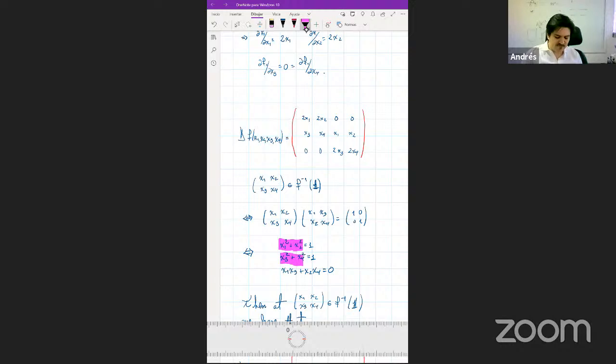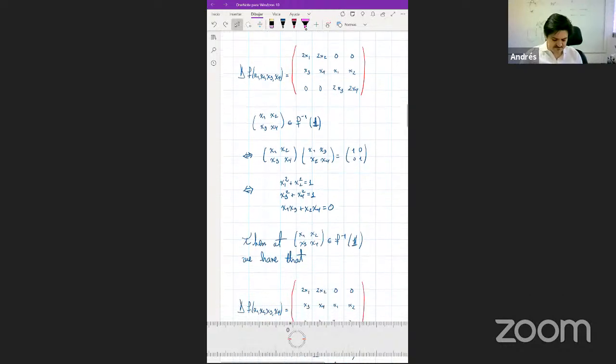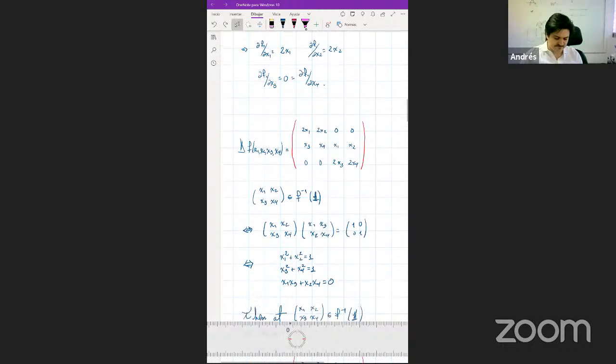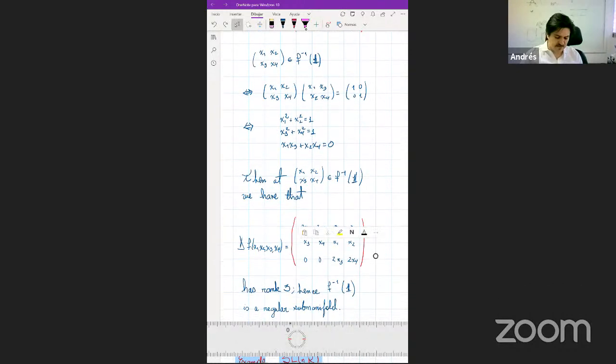The same for x3 and x4 cannot be simultaneously 0. So in that way, you have at least rank 2. Now you have to use this to say that you have rank 3. This is not very appealing, but that's a way of doing this. I wrote here the same matrix. So you can prove that it has rank 3 and you're done.